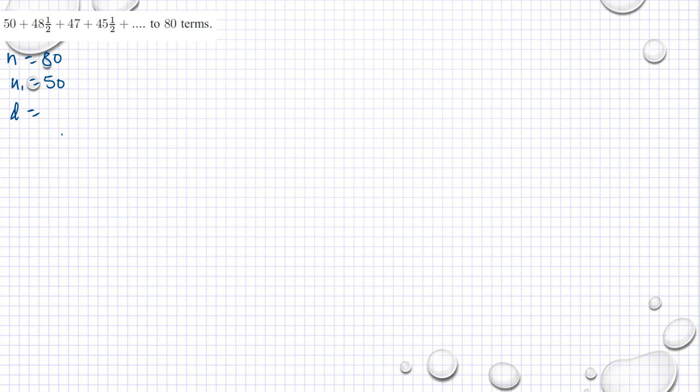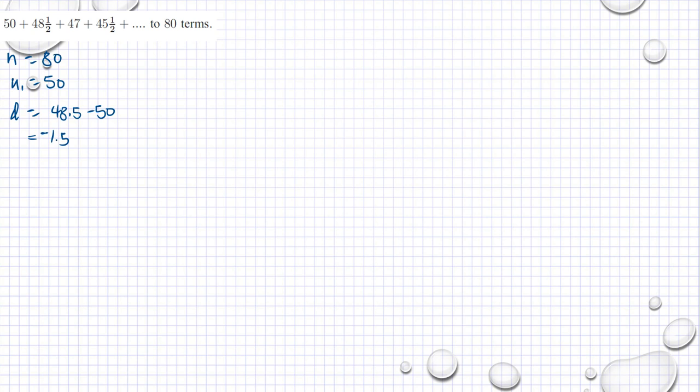I think I did it wrong. What I'm supposed to do is the other way around. Sorry, that is what happens when I'm a little bit confused. Then we have 48.5 minus 50 it should be. Then we have negative 1.5.